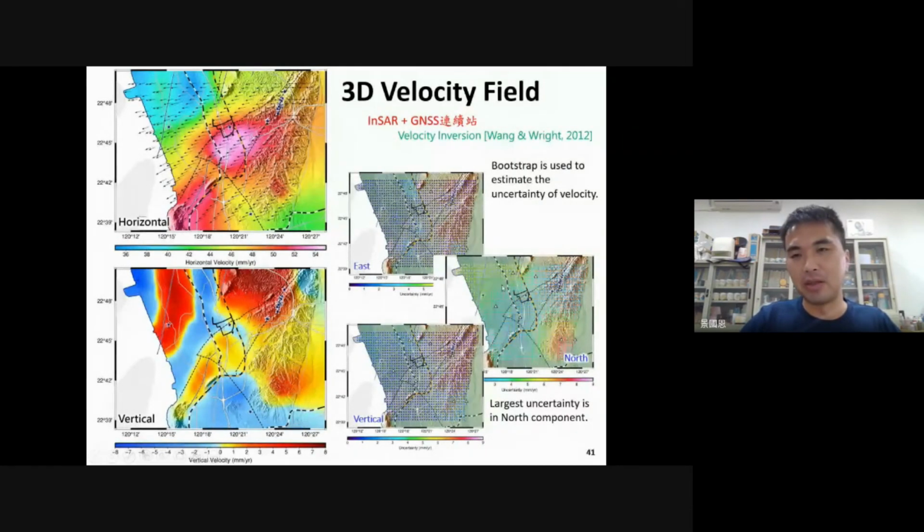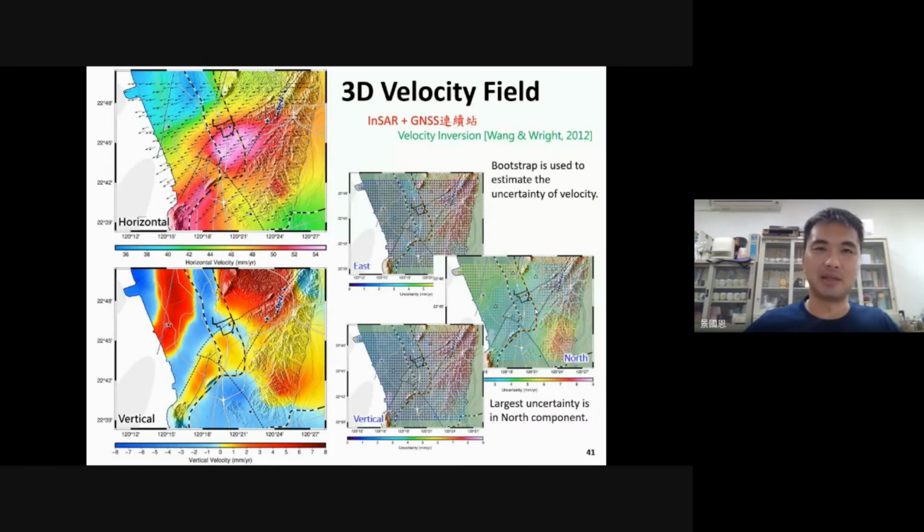However, for the north component, you will see the highest uncertainty may reach 8 millimeter per year. Okay, so it is very, very high. And I guess maybe now you already guess the reason.